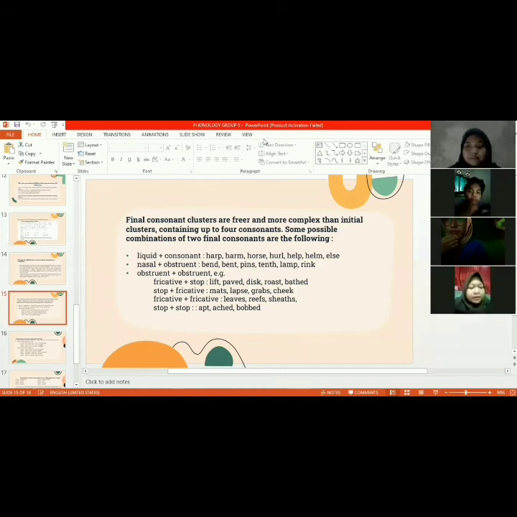I will explain this slide. Final consonant clusters are freer, and final consonant clusters are a cluster of consonants at the end of a word. Most speakers pronounce consonant clusters quite well, although some are more difficult, especially when we get three or four together at the end of the word.